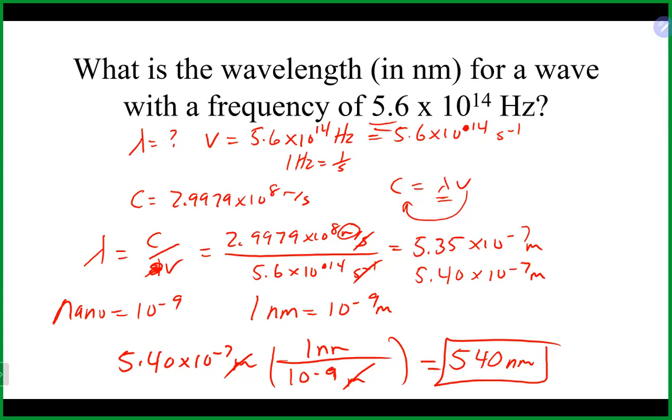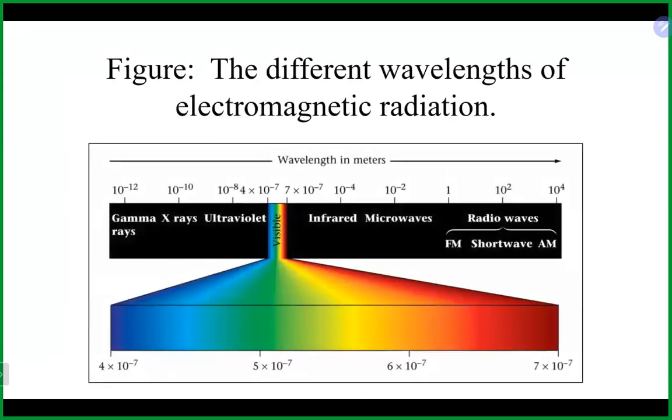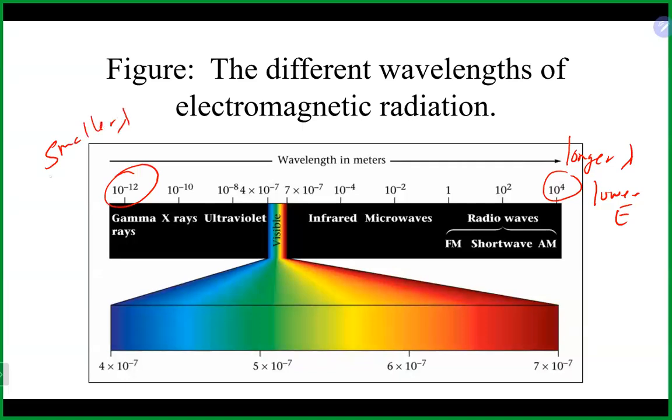So we've been talking about electrons transitioning and these photons of light given off. When these photons are given off as the electrons transition, they will fall somewhere on this electromagnetic spectrum. On the right-hand side here, we have a longer wavelength, which means lower energy. This side is a much smaller wavelength, and that means higher energy.